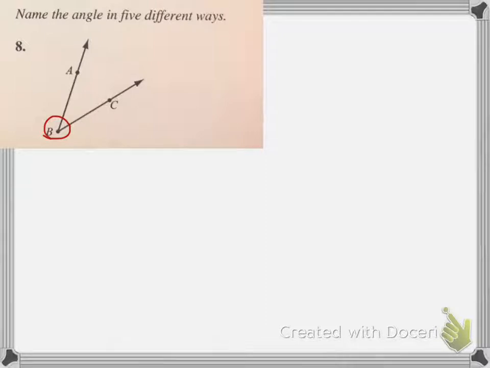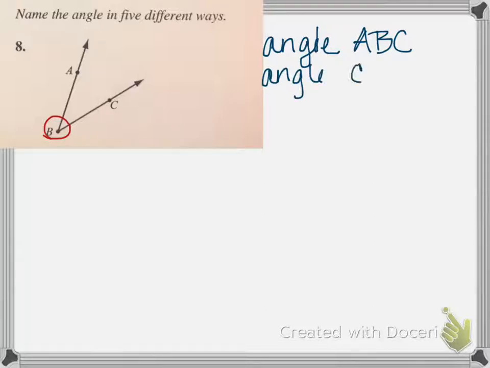We can name it simply, we can call it angle ABC. We could call it angle CBA. We could use a symbol in math.